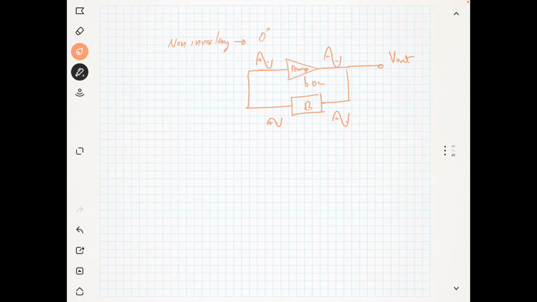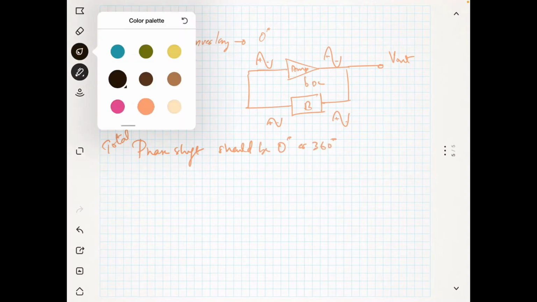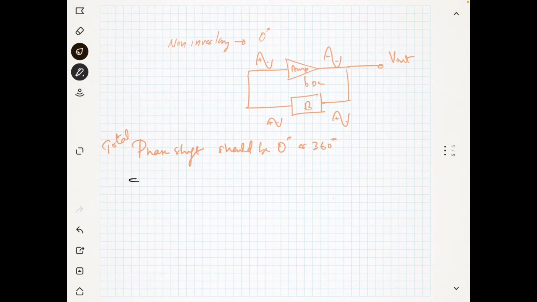Okay, so you need a phase shift. The total closed loop phase shift should be 0 degrees, or we can say 360 degrees. Why am I saying 360 degrees? I can use the inverting amplifier also.